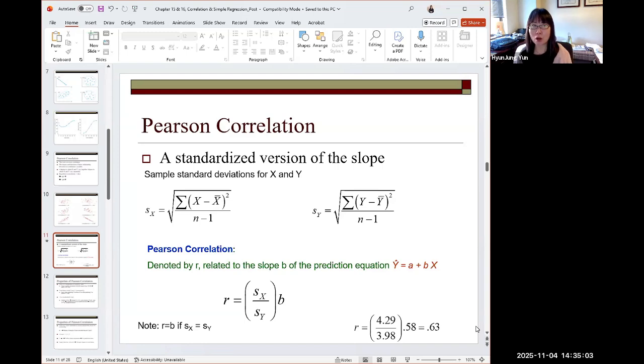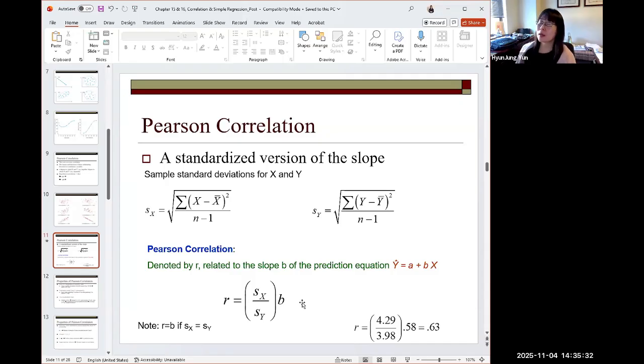Standard deviation for the first variable, and another standard deviation for the second variable. It doesn't matter which one you put as numerator or denominator. You just put the ratio of the standard deviations of the two variables, and then multiply it by the slope.